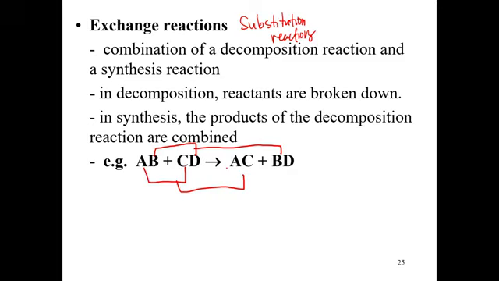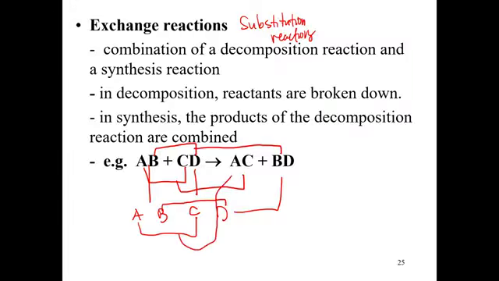If you want to show the decomposition first, what actually happens is AB becomes A and B, CD becomes C and D. They are broken into their separate components, then they form slightly differently, leaving you with this one. However, most of the time we do not show decomposition nor synthesis.